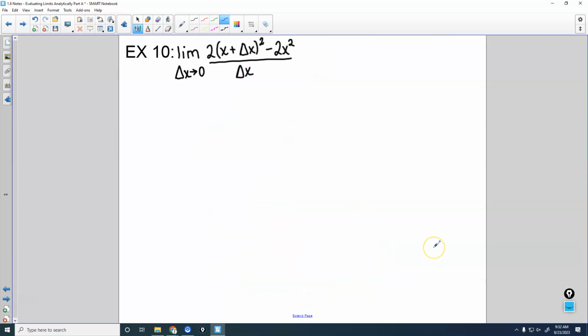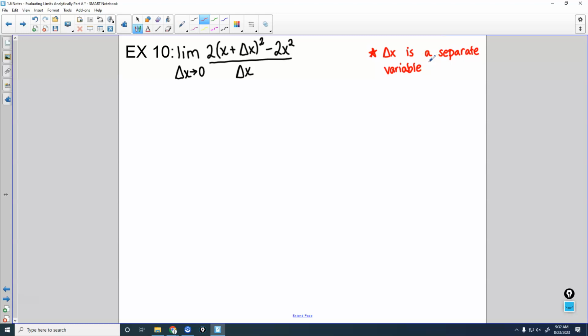Oh, here's the delta x. So, a note for this. These look crazy. Delta x is a separate variable. Some textbooks don't even use delta x's anymore. They just use a different letter.